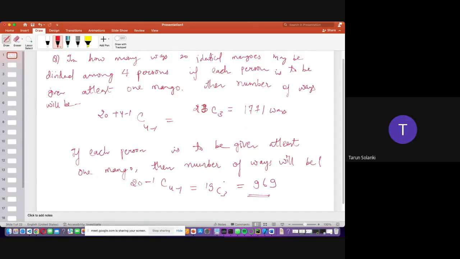So that is 1771 ways. Now, if each person is to be given at least one mango, then the number of ways will be 20 minus 1 C 4 minus 1, that is 19 C3. So it will become 969. Okay, so you can copy this question first.